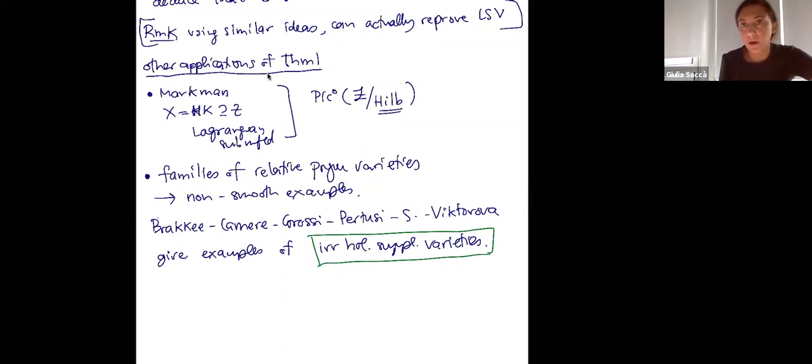And in the same way, in the smooth case, you look for these building blocks. Similarly, for the singular cases, not many examples were known.